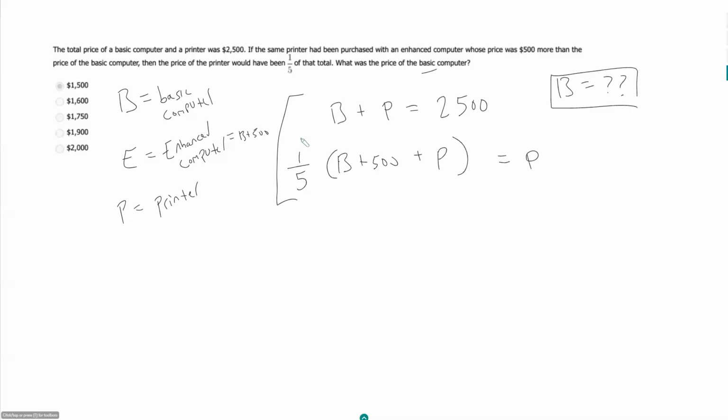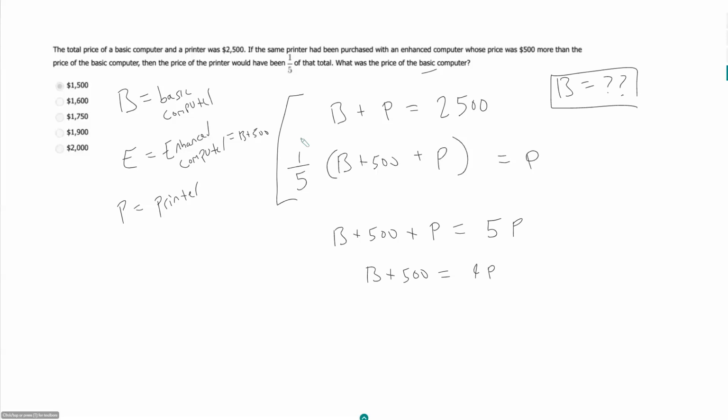Okay, so let's simplify this. I'll multiply each side by 5. So B plus 500 plus P is equal to 5P. Then I can subtract P from each side. B plus 500 is equal to 4P.